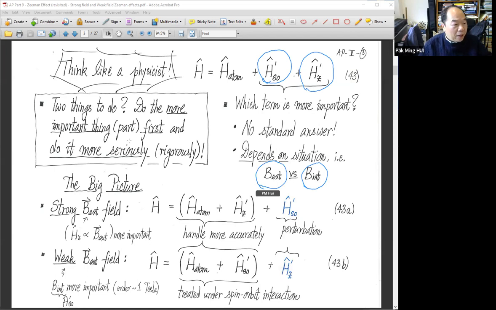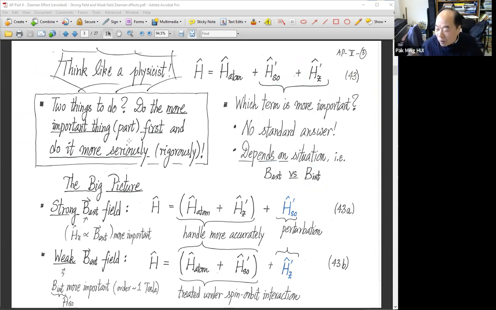If you can buy a 10 tesla or 18 tesla magnet, then your external field may be bigger than the internal field. So one term will be more important than the other. If you are poor in your lab, you only have a 1 tesla or 0.5 tesla field. The internal spin orbit one is already bigger than your external field. So you do the spin orbit first and the Zeeman later.